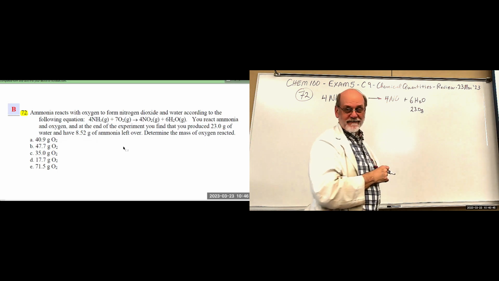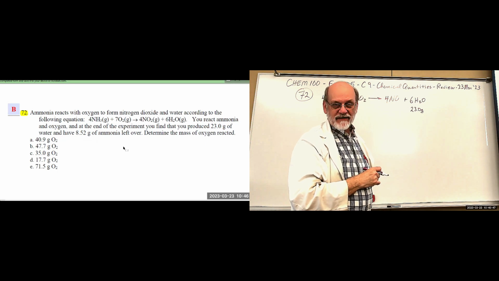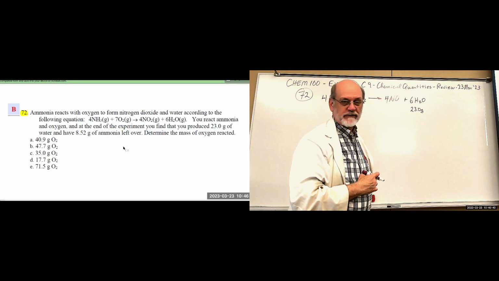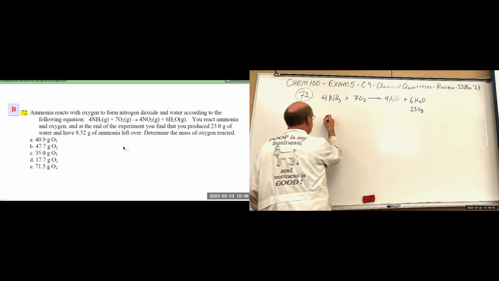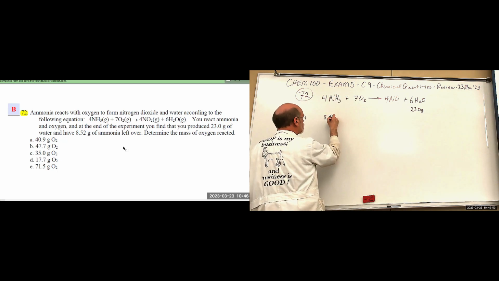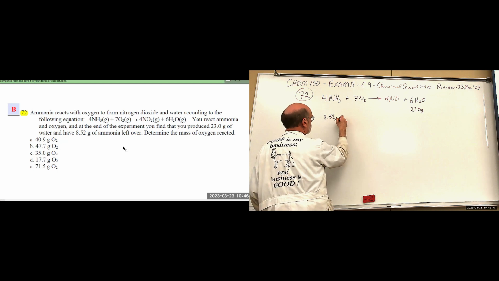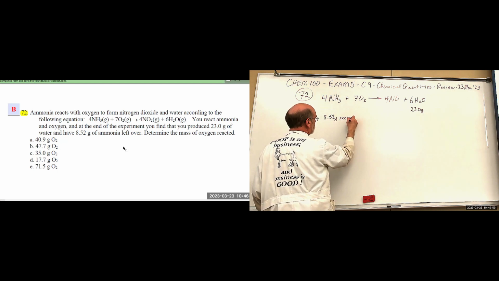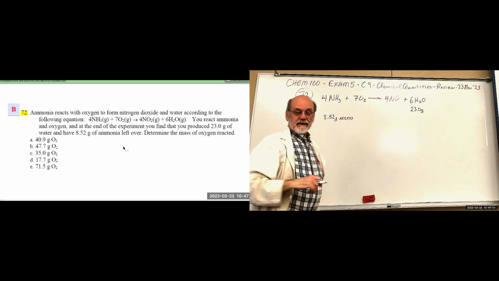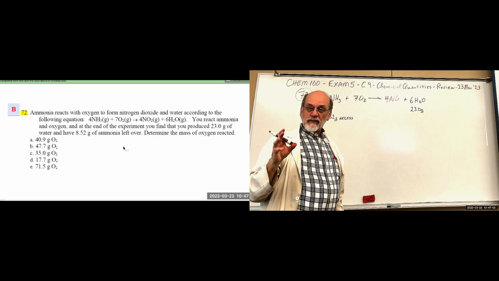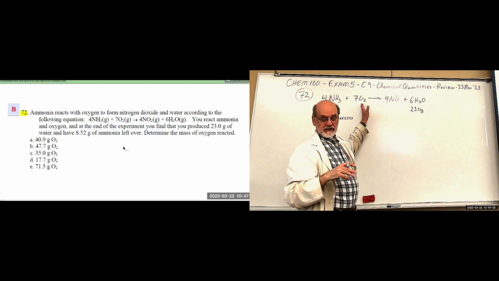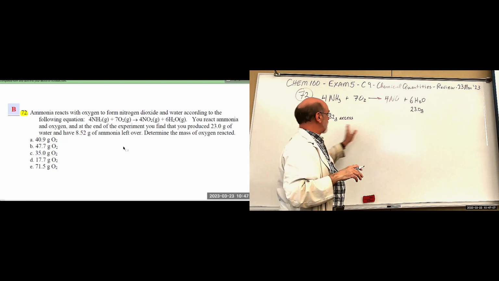All right. And have 8.52 grams of ammonia left over. So we have 8.52 grams of ammonia in excess. So what probably happened was we ran out of oxygen. It was limiting. That means we had excess here.